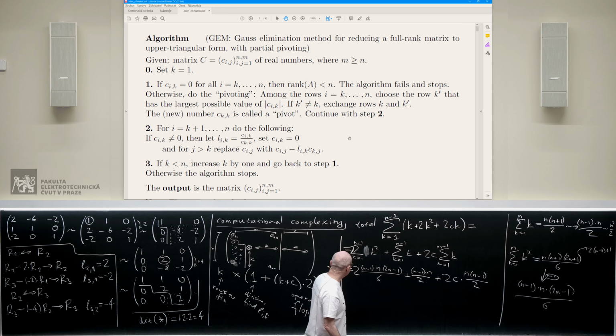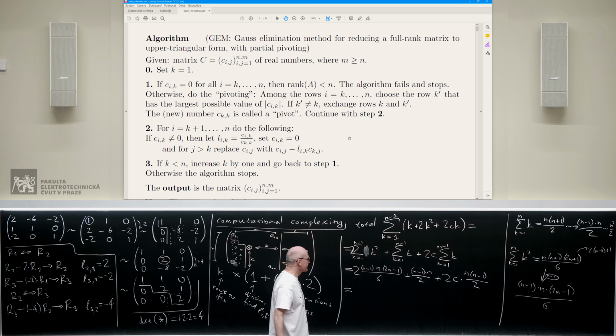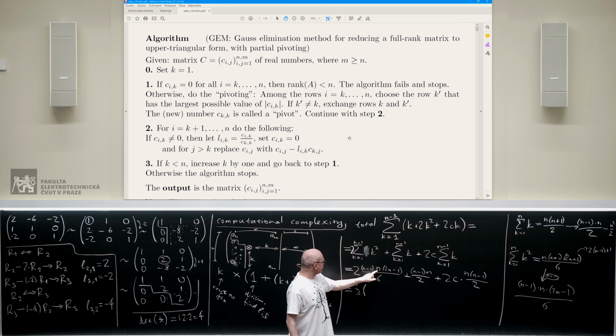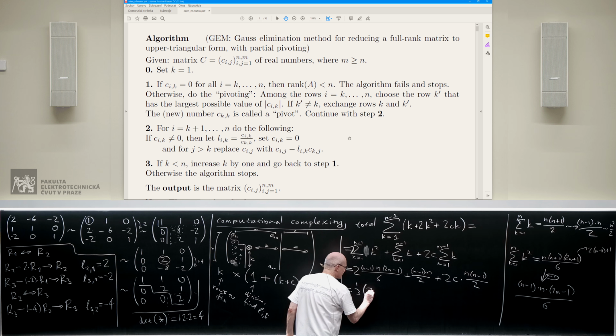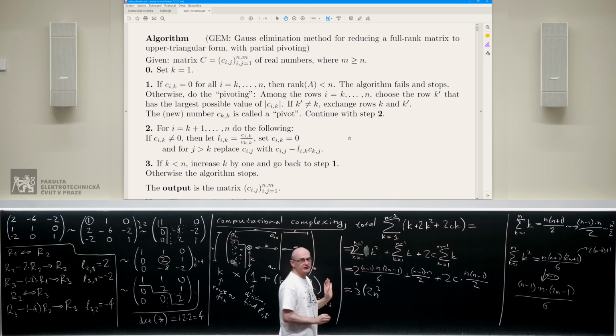Let's have a look at the outcome and write it in some nice way. Okay, I can see 1/3. And let's multiply out. Okay, there is this n. I put it out, and I just multiply out the two brackets, and then I put the n back. So I ignore it for now. I'm multiplying out, and I can see 2n squared, but it's actually 2n cubed, I'm putting this n back.